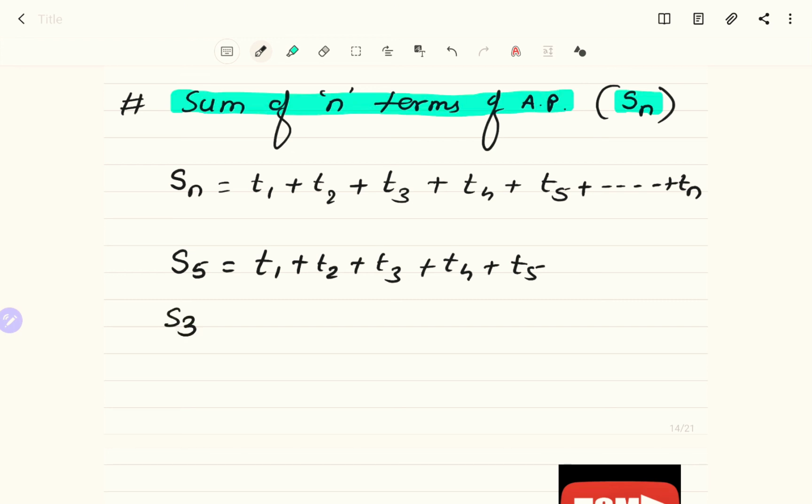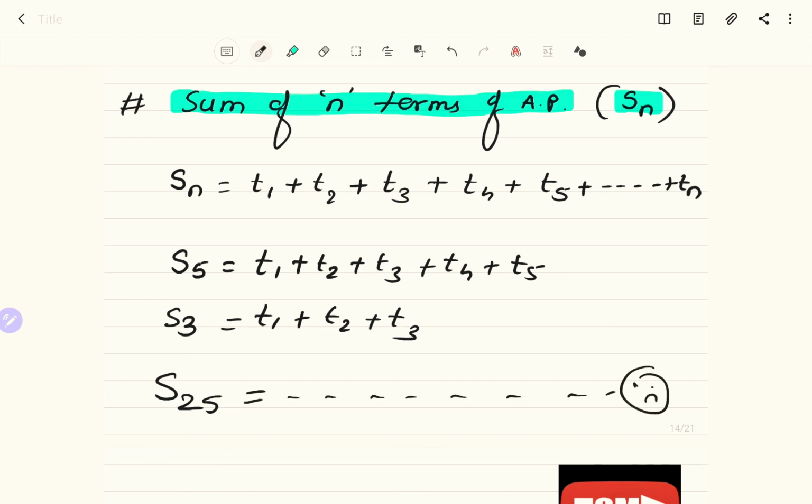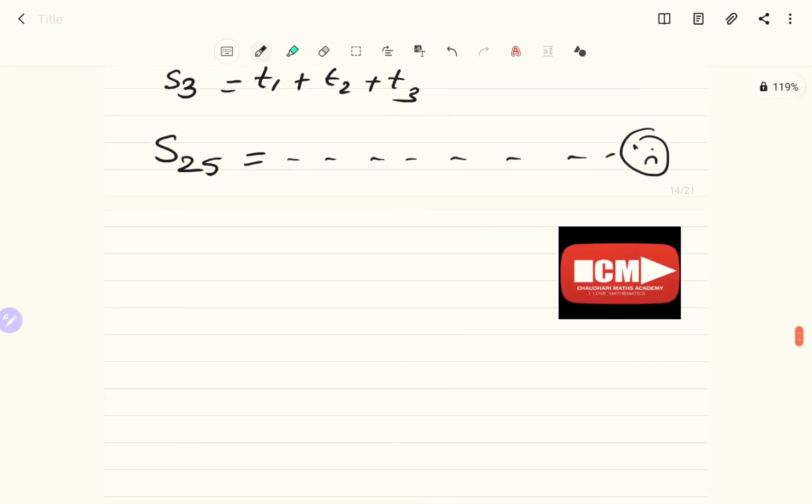If I say S3, simply add the first 3 terms of arithmetic progression. But what if I say I want addition of the first 25 terms? It will be a lengthy task, right? And for that you must know this formula for Sn. I hope every one of you remember this basic thing.